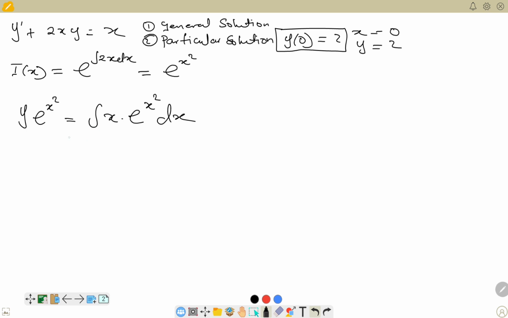Now we realize that we need to integrate this, and we can integrate it by this formula: the integral of f prime e to the power f of x dx is equal to e to the power f of x plus c.